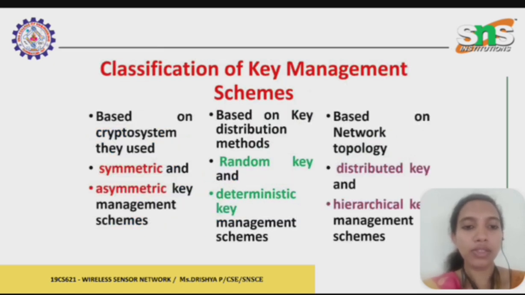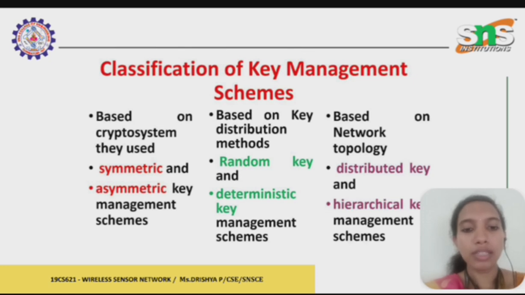Then there are some classifications of key management schemes. First one is symmetric and asymmetric. Then random key and deterministic key. Next one is distributed key and hierarchical key. Symmetric and asymmetric is based on the crypto system. If in encryption and decryption we are using the same key, that is known as a symmetric key management scheme.